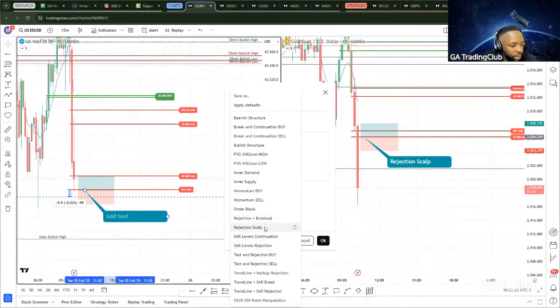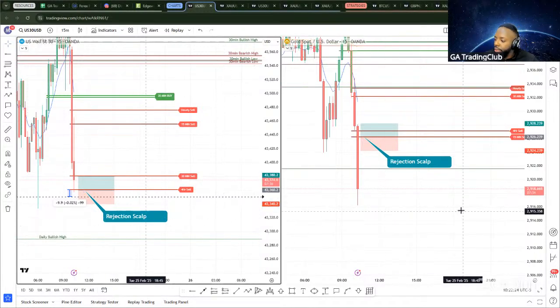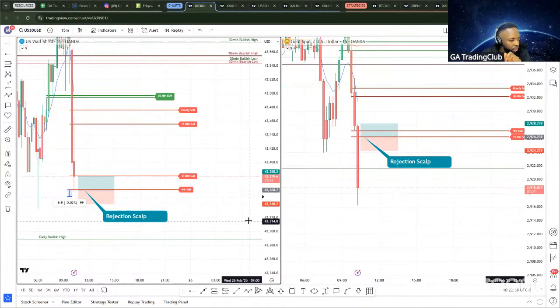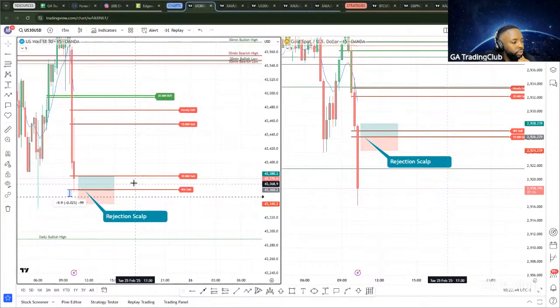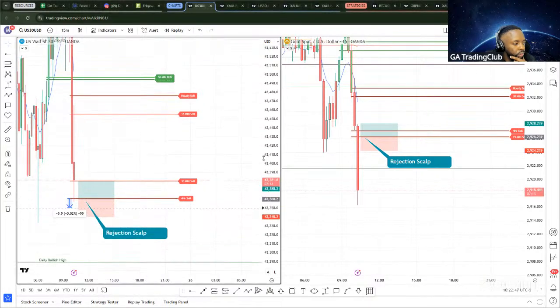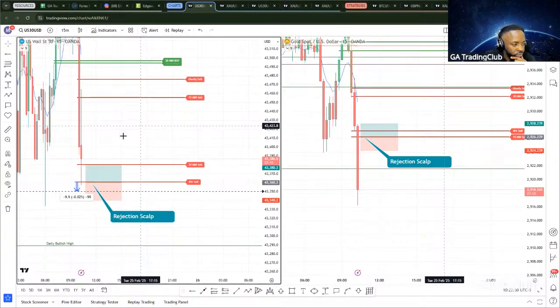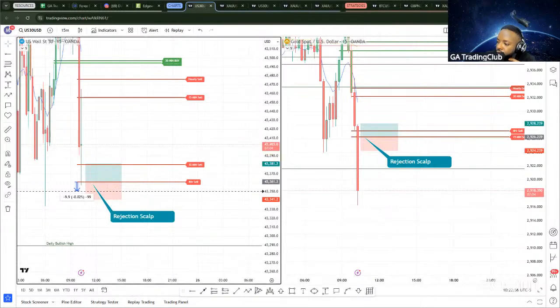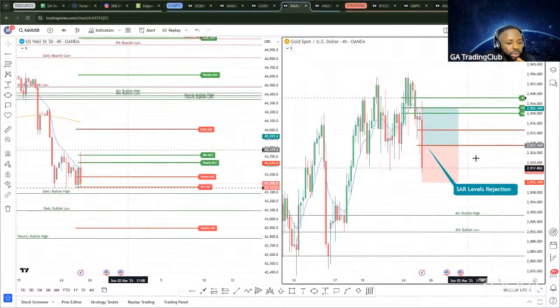So let's see. Right. Still in this gold 4-hour trade.